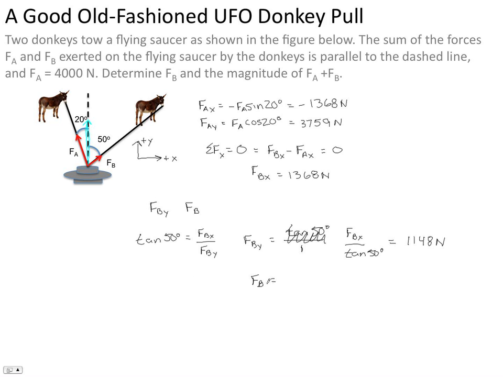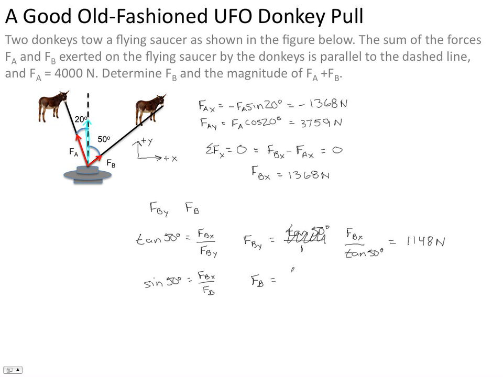All right, and then Fb is the hypotenuse. It's the hypotenuse of a triangle that's made by the components of Fb, and there are several ways we can find this, but one way is that we know that the sine of angle 50 degrees will equal the component that's opposite the angle, which again is Fbx, divided by the hypotenuse, Fb.